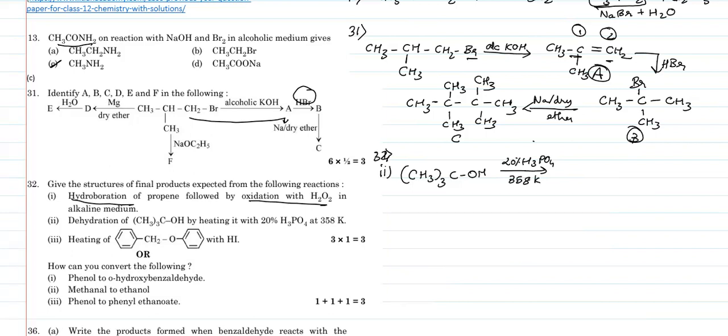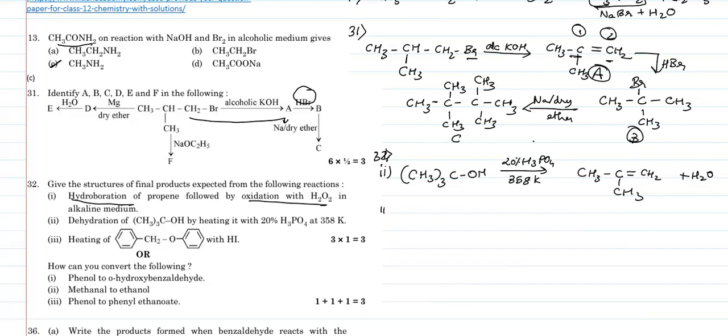This leads to the loss of the OH and gives us a double bond between any of the two carbon atoms. So C double bond CH2, CH3 plus water. And tertiary alcohols, as we know, undergo dehydration reactions quite easily.